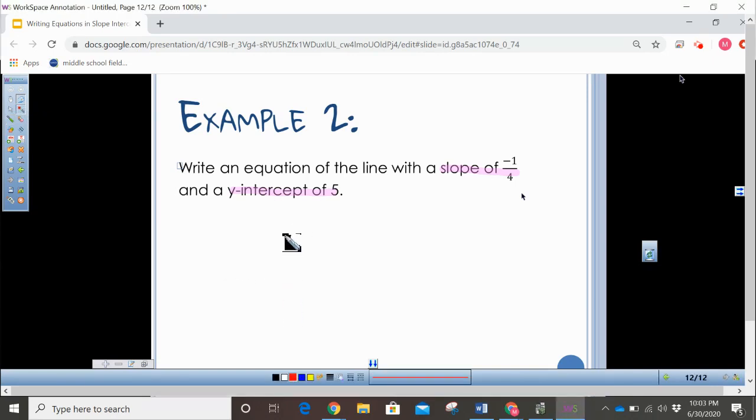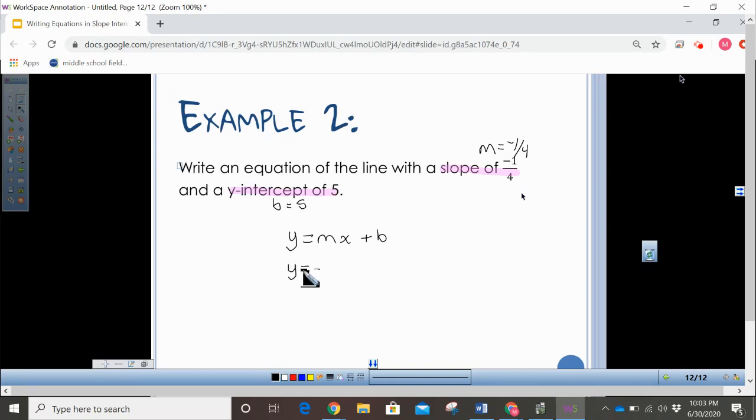We always start with our equation. So it's y equals mx plus b. So my slope is going to be my m equals -1/4, and my b is going to be 5. Once I've identified those, I just have to sub them into the slope-intercept formula.